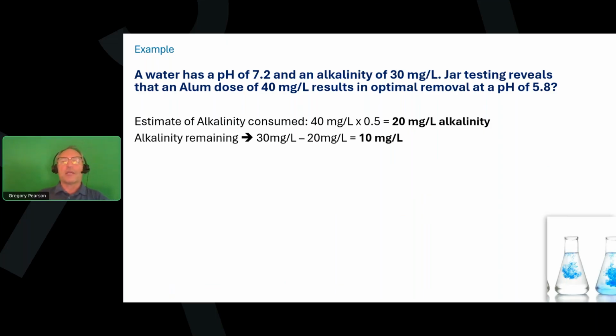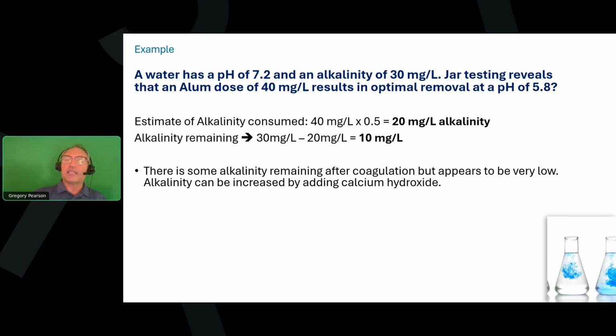So we started out with 30 milligrams per liter, we lose 20, and we're only left with 10 milligrams per liter. We did have sufficient alkalinity for coagulation to take place, but it's pretty low, which would be subject to corrosivity and possibly even pH drops.